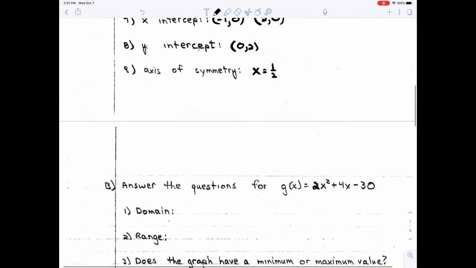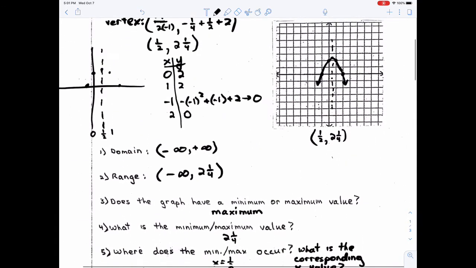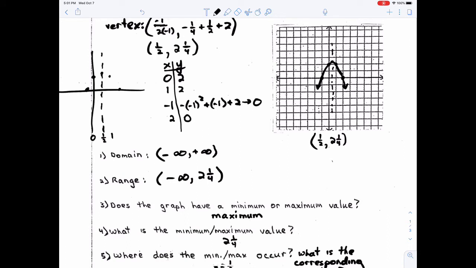All you really need, remember when I drew this thing up here and I drew it upside down, kind of apart from the graph itself, and I said, okay, your maximum's up there and that maximum is at the vertex. That's all you really need, is a sketch with the vertex labeled, okay?